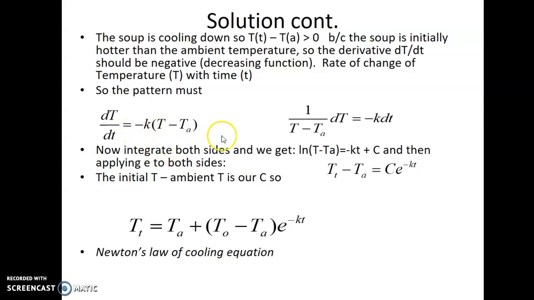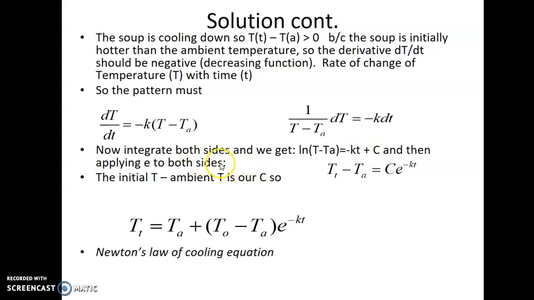So I'm going to do a little bit of algebraic manipulation: divide both sides by this quantity, multiply by dt, the time. Integrate both sides. If you haven't taken calculus, it's not a huge deal, but the integral of 1 over x is the natural log of x. So you definitely want to find natural log on your calculator if you haven't already. And that's going to equal negative kt plus c, a constant.